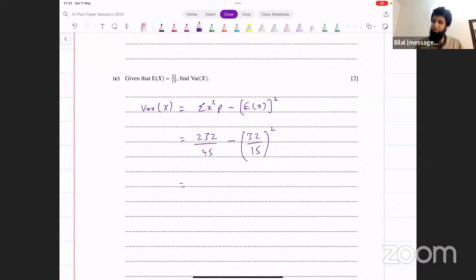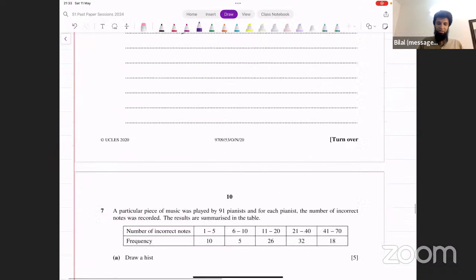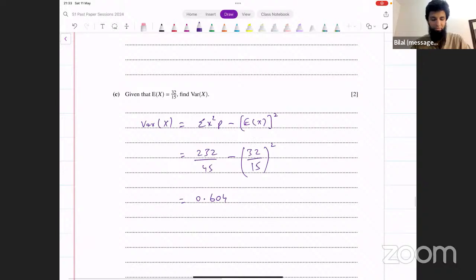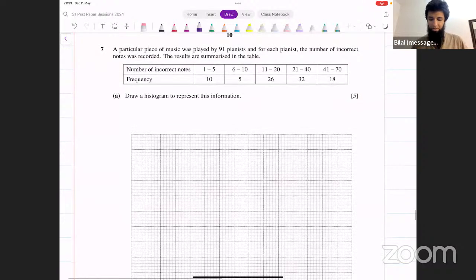That's giving me 136/225, in decimals that is 0.60444. That is the variance that we were looking for. Okay, and that's our final result. That's question number 6, part C. Okay, and that's it. That was the last difficult question that you wanted me to do from this paper.